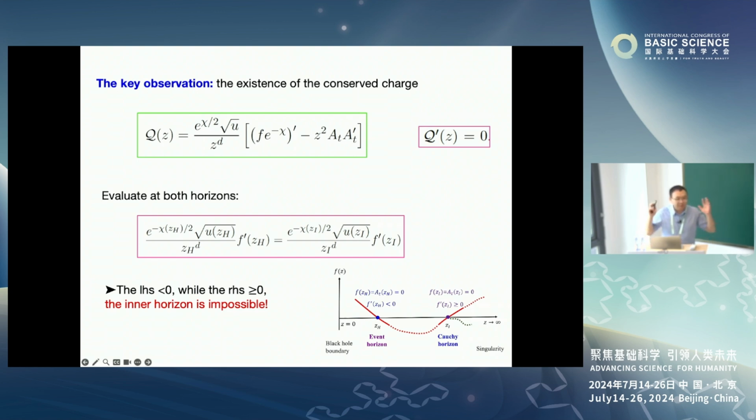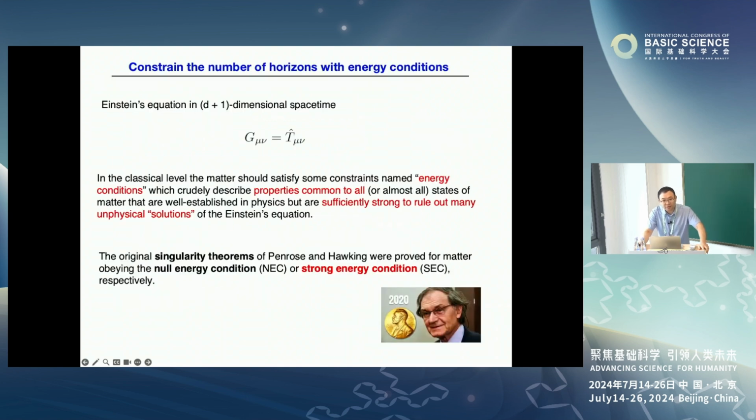So far I have just given you many examples of some very general cases. This example is in some sense very general, but we can ask more. Without giving a specific Lagrangian, can we constrain the internal structure of the black hole? The answer is yes.